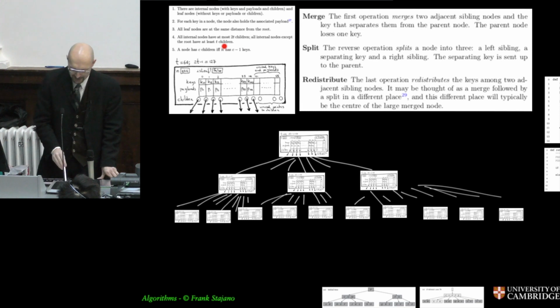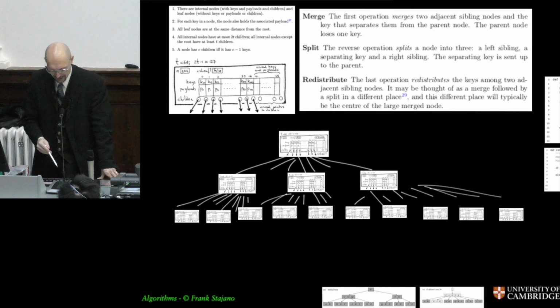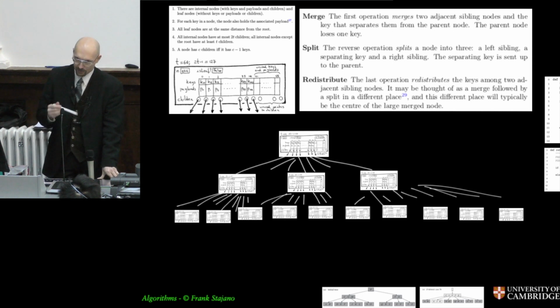The node has to have at least t children and at most 2t children. So this translates to at least t minus 1 keys and at most 2t minus 1 keys. So the maximum size of a node is 2t minus 1 keys. The minimum size of a node is t minus 1 keys.